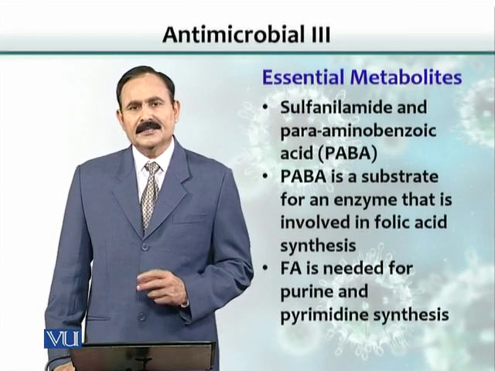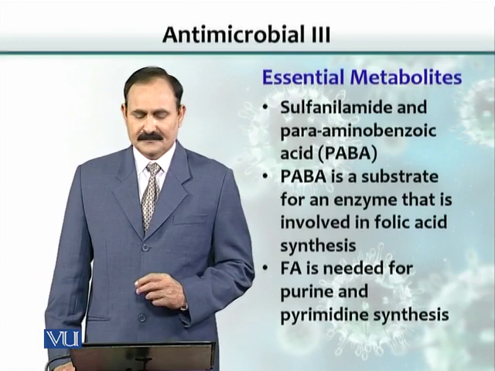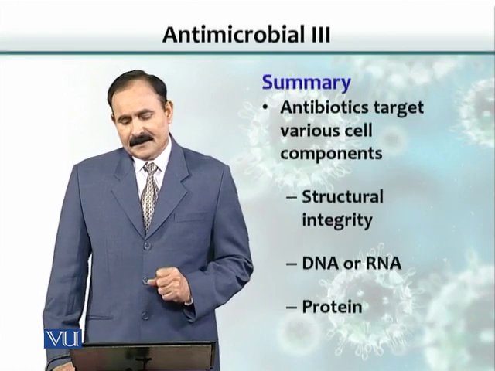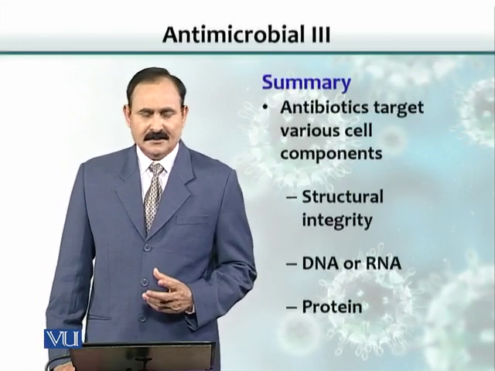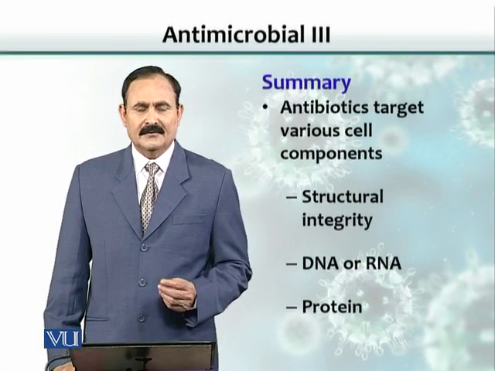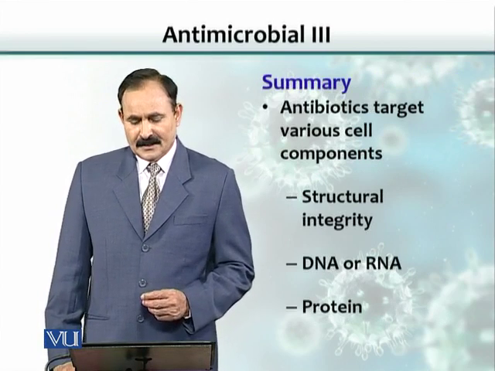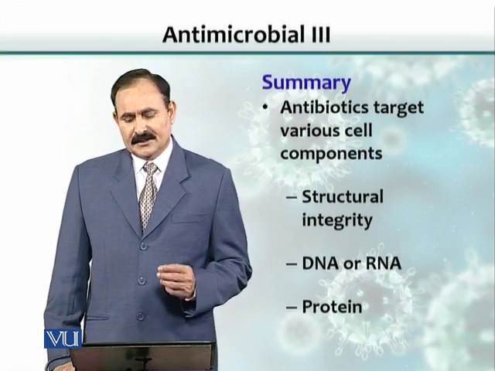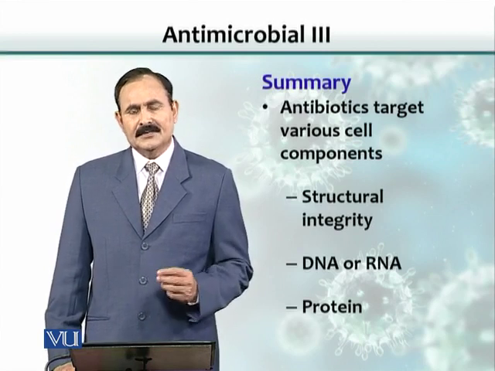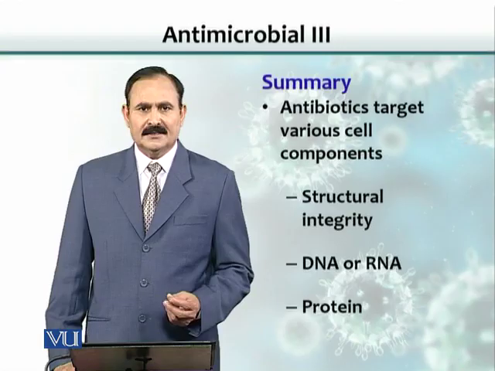So essentially DNA synthesis is inhibited. In summary, there are various targets used by various antimicrobials. Some target structural integrity, some DNA, some RNA, some protein, some the plasma membrane.